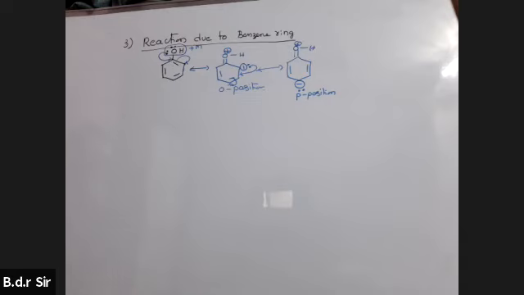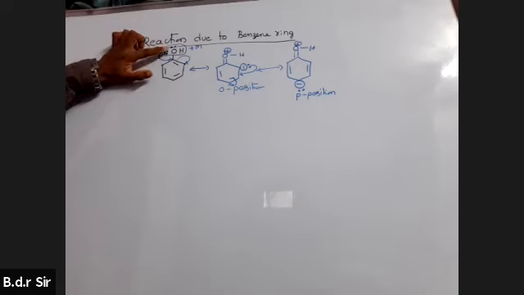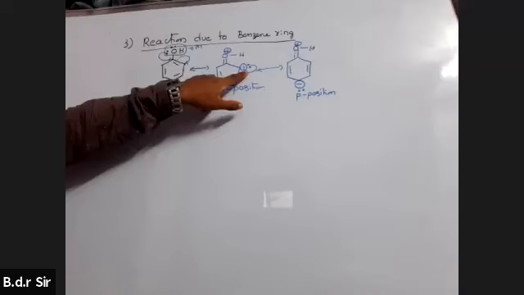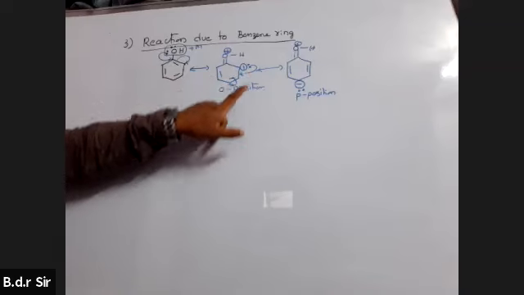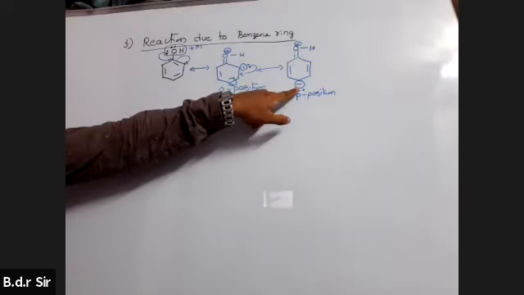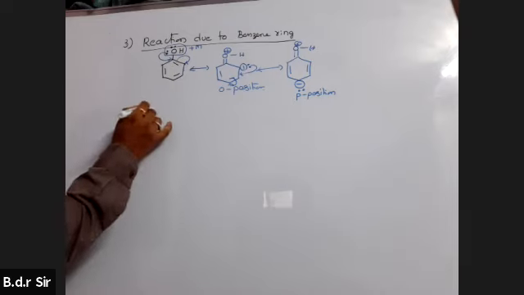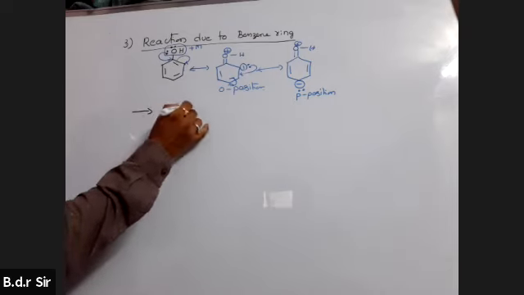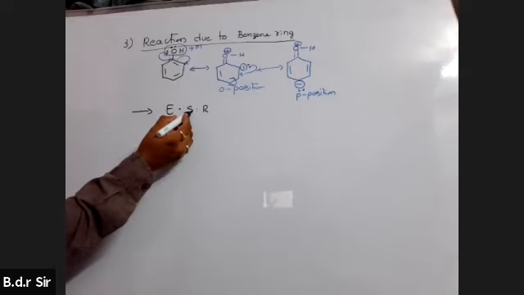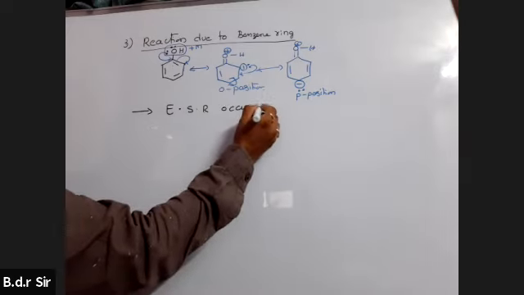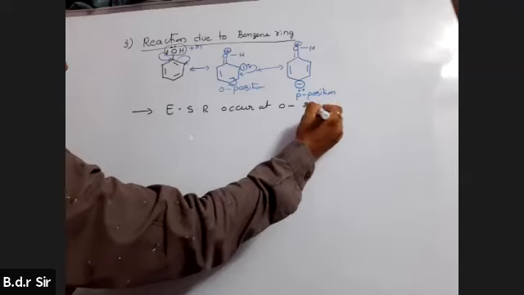I repeat: in phenol, the OH group releases electrons by the positive mesomeric effect and increases the pi electron density at the ortho and para positions. Therefore, electrophilic substitution reaction, ESR, occurs at the ortho and para positions.